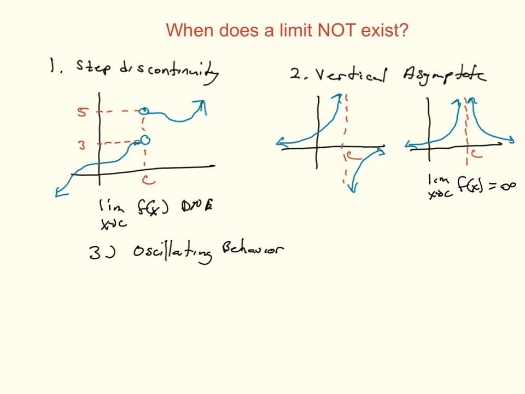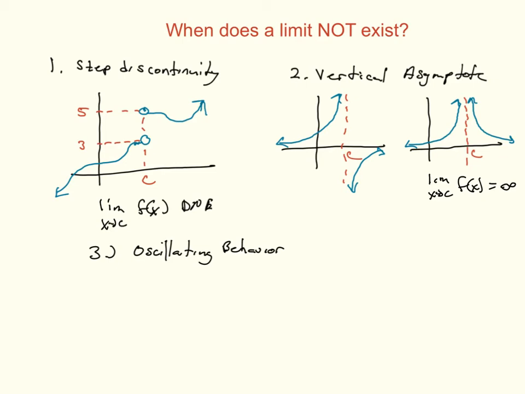The other one we have is oscillating behavior. In oscillating behavior, what happens is that as I move closer and closer to c, my function values just are bouncing back and forth between two numbers faster and faster and faster. Often, graphically, especially if you're using a calculator, it's going to look like a big, thick bar.